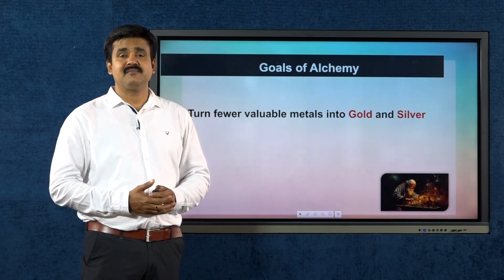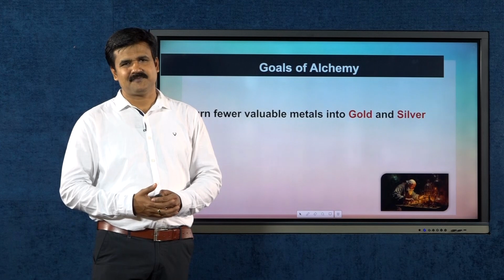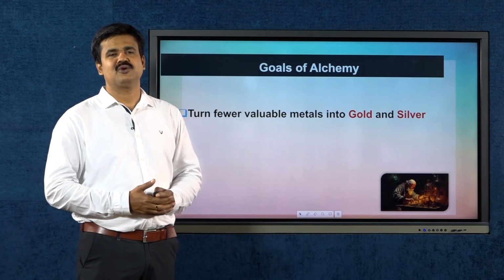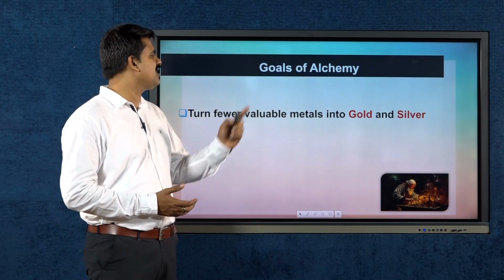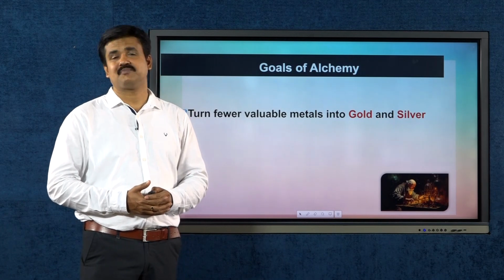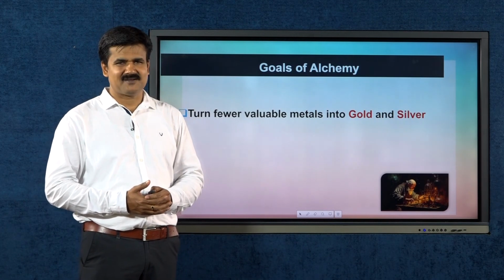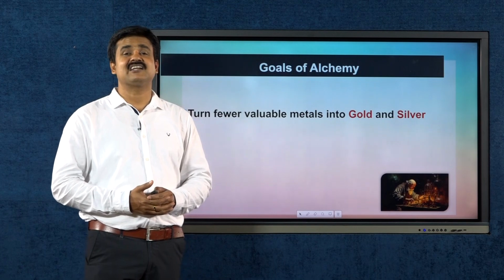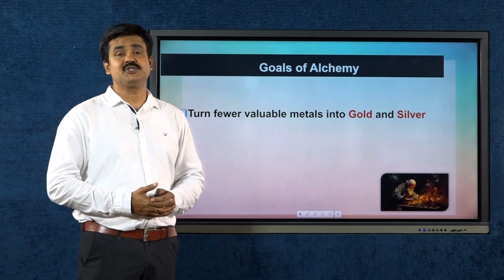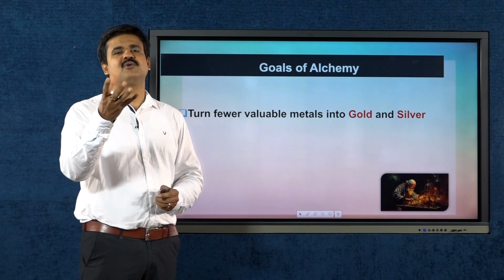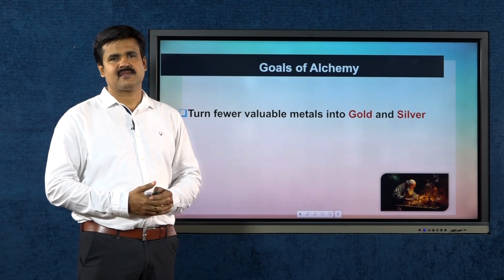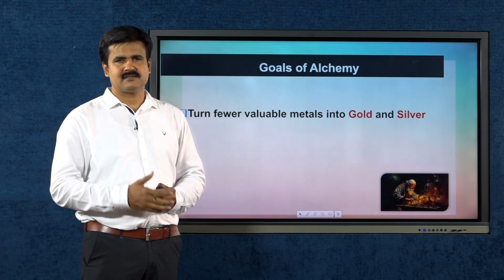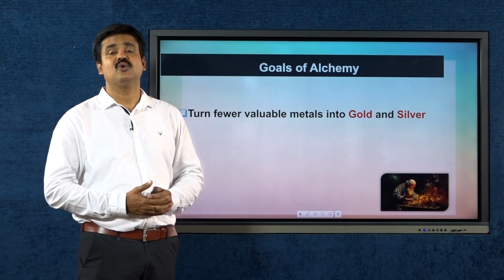The goals of alchemy were very significant. Their most important goal was to turn less valuable metals into the most precious gold and silver. So, they believed in transformation. They tried to convert cheap starting materials into more valuable gold and silver.